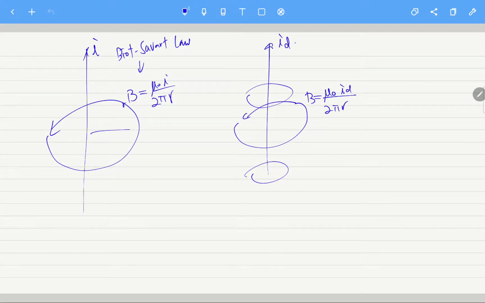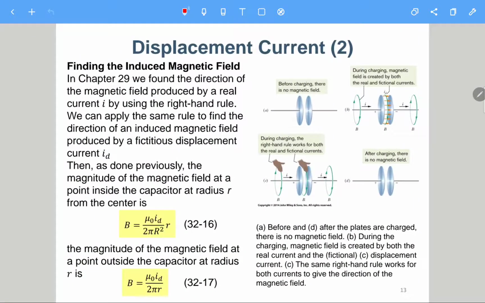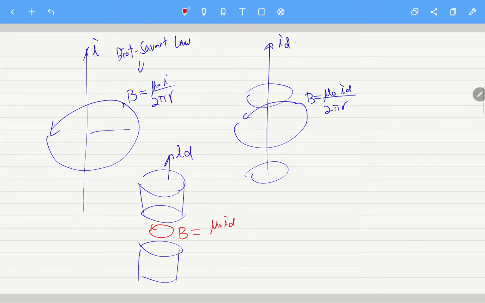So if we consider this cross section, suppose there is I_D going through this cross section, and you consider the magnetic field here, then this B is something like mu naught I_D times r over R squared.